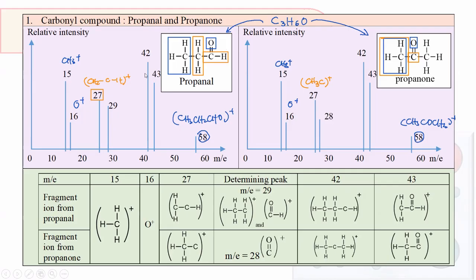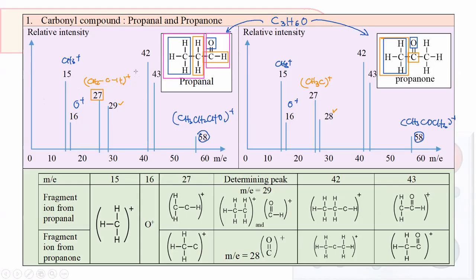The major differences between propanal and propanone lie at the peaks of 29 and also 28 here. For 29, there are two possibilities of the peaks that can give 29. So what are the two possibilities in here? You can have CH3CH2, which is 29, or CHO, which is also 29 in here. Okay.